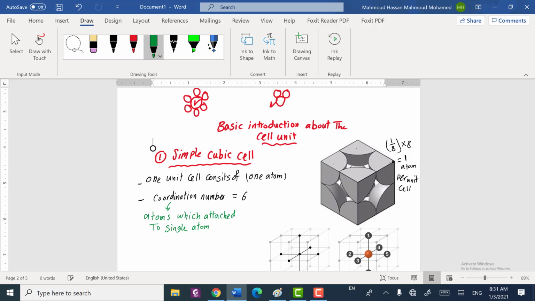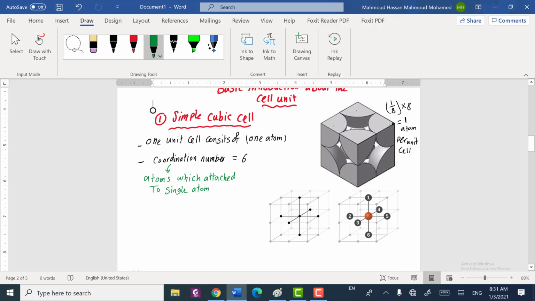The number of the atoms attached to each atom. If we look at the simple cubic cell, we'll find this atom is surrounded by, attached by bonds with, 1, 2, 3, 4, 5, 6. So in the crystals, we'll find the atom surrounded by 6 atoms.